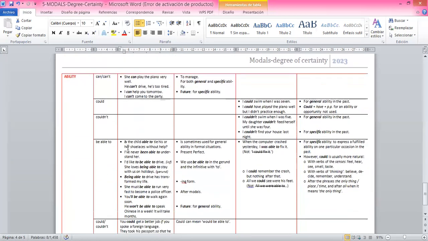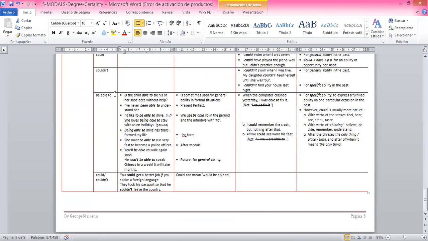We have "be able to." This is another important one. At the beginning, when I started explaining some modals that we have in English, I started with can, right? As you know, the general usage for can is possibility, permission, capacity, ability, etc., right?